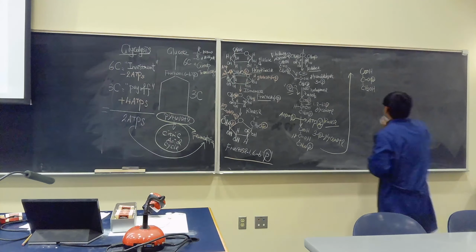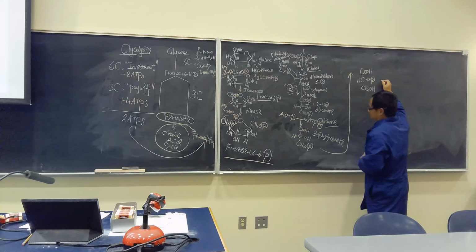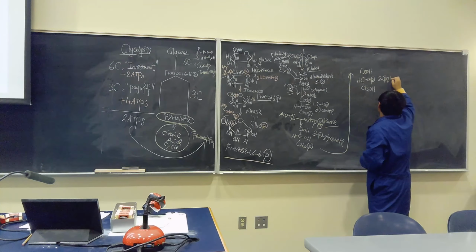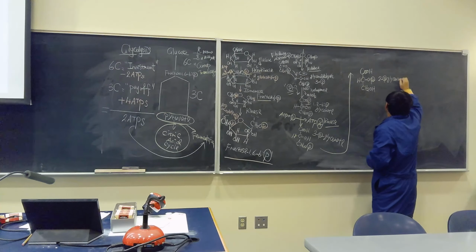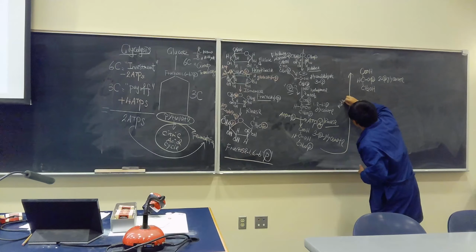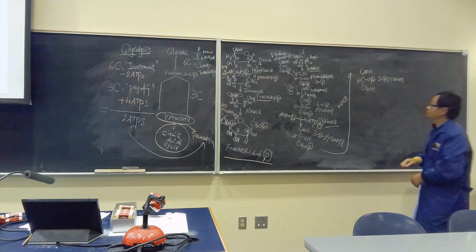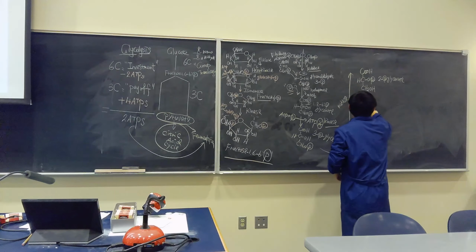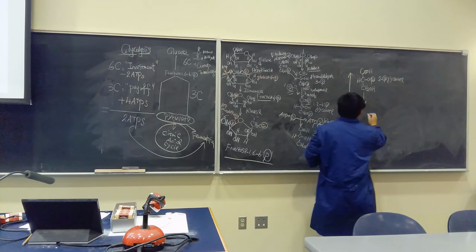What is this called? That's called 2-phosphoglycerate. This needs an enzyme called mutase. 2-phosphoglycerate. Go down.